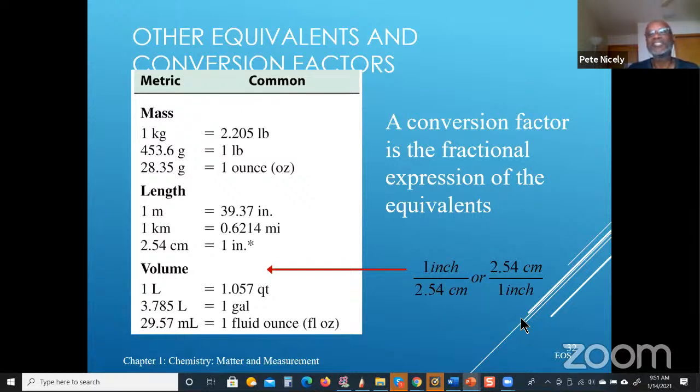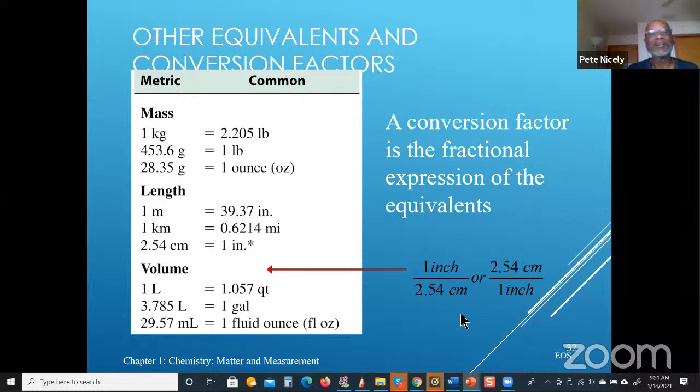Now, which one you use is dependent on the type of conversion that you're trying to achieve. If you want to convert from centimeters to inches, then you would use this conversion factor. If you want to do the opposite, convert from inches to centimeters, I'm sorry, then you would use this conversion factor, all right? So it all depends on what you're trying to achieve.